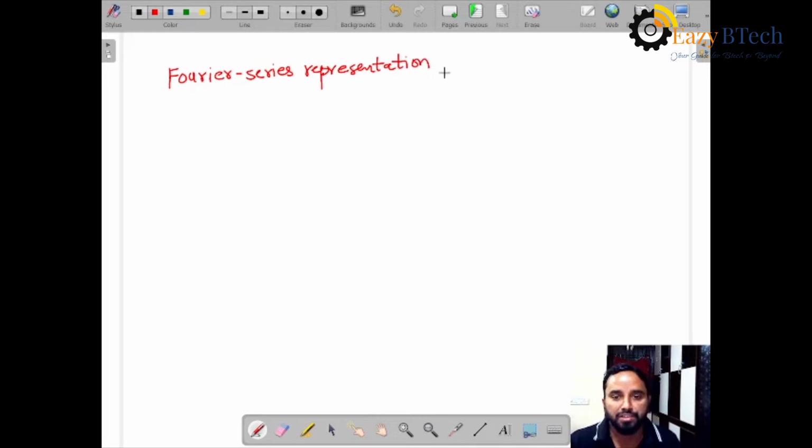Fourier series representation of periodic signals or periodic functions. This concept was given by the scientist Joseph Fourier.